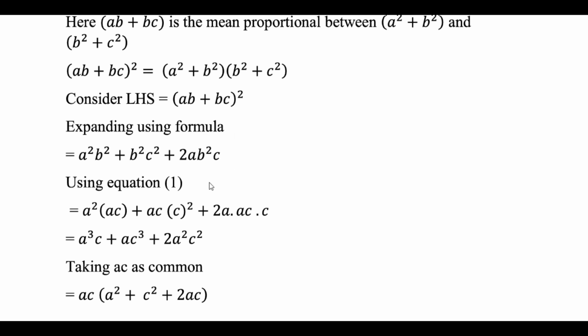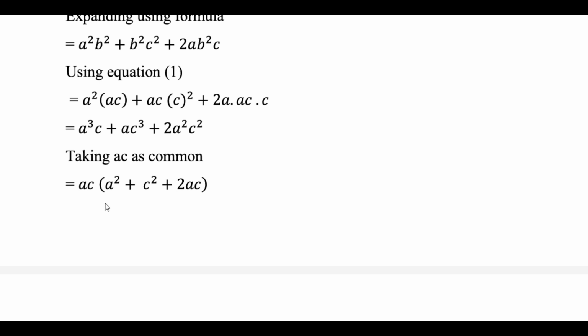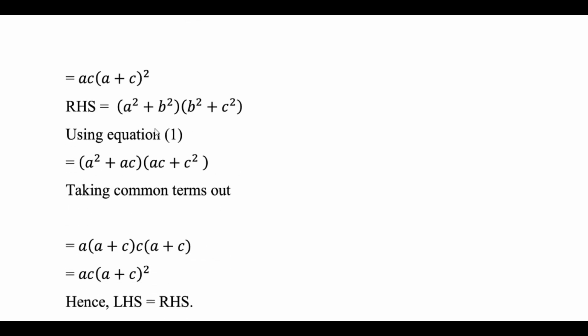Using equation 1, we get A square into AC plus AC into C square plus 2A into AC into C. So therefore you will get A cube C plus AC cube plus 2A square C square. Taking AC common, you will get A square plus C square plus 2AC. So AC into (A plus C) whole square.